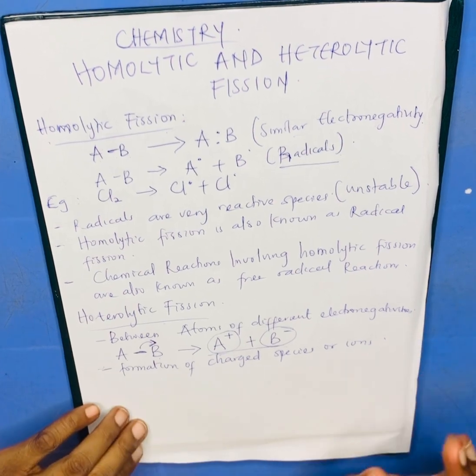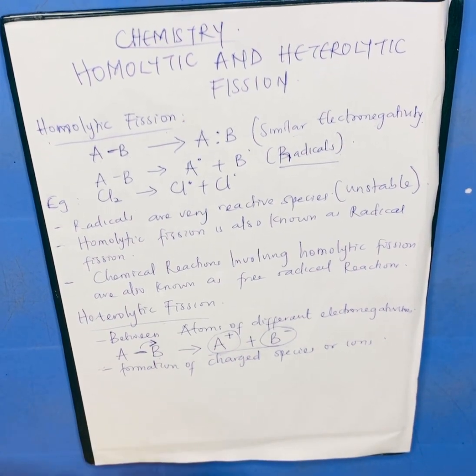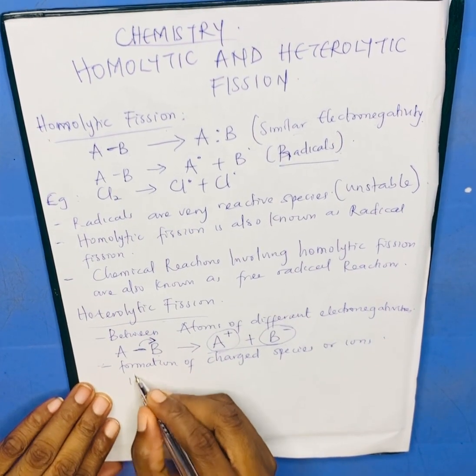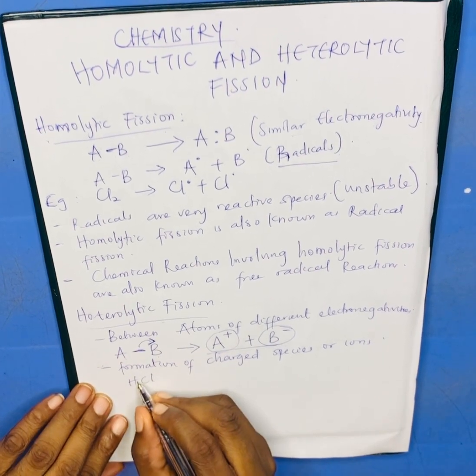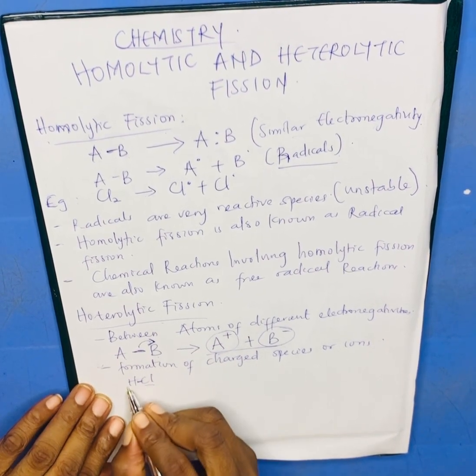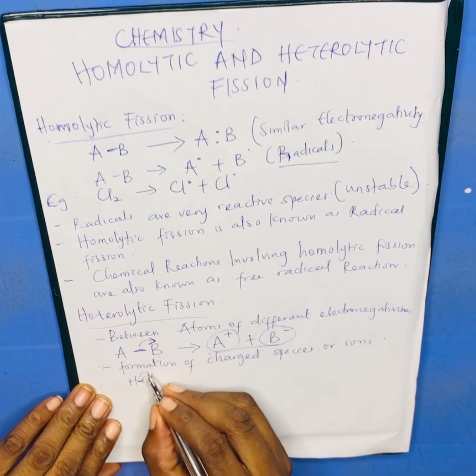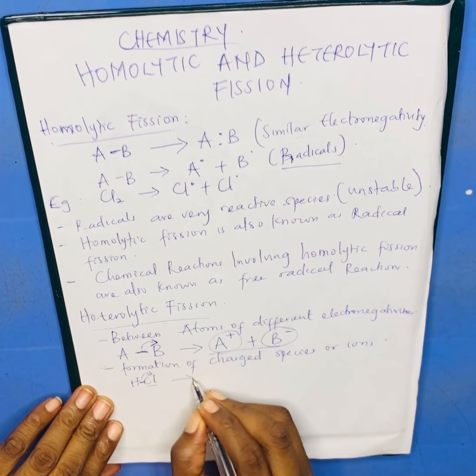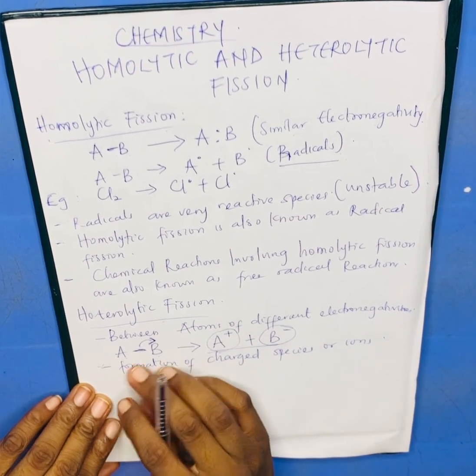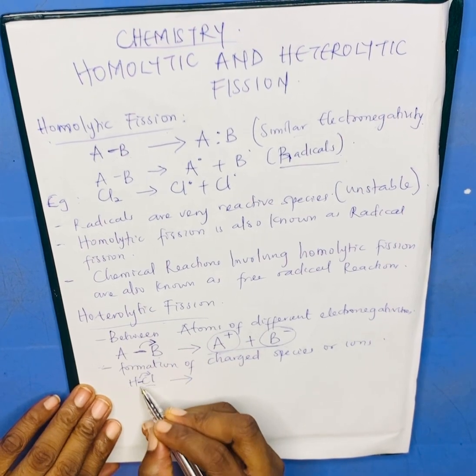So for instance, let's say we have hydrochloric acid. Here chlorine is more electronegative than hydrogen. So what happens after heterolytic fission is that chlorine will draw the electrons, these two electrons, to itself.